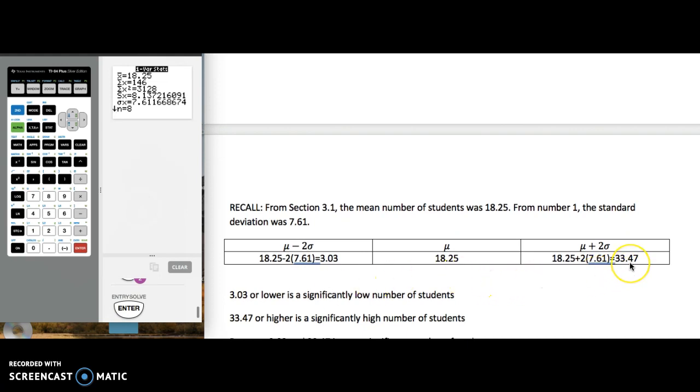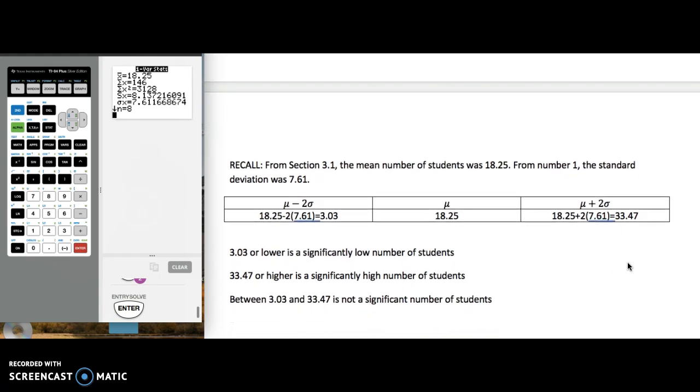Any class with 33.47 students or higher is considered a significantly high number of students. And any class between 3.03 and 33.47 is not a significant number of students.